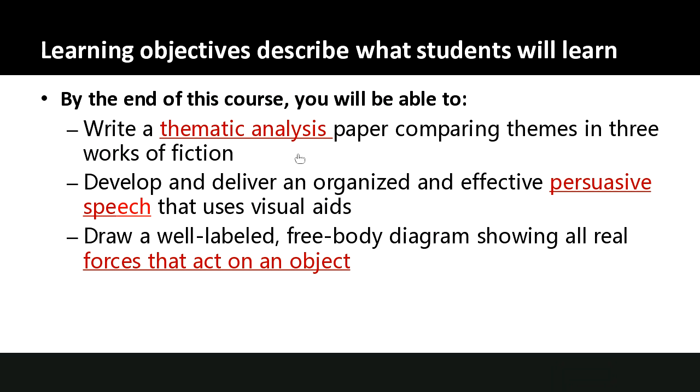That's sort of inferred by writing the learning objective this way. So you can see that using those descriptions of what they will be able to learn how to do can be added into the learning objective.